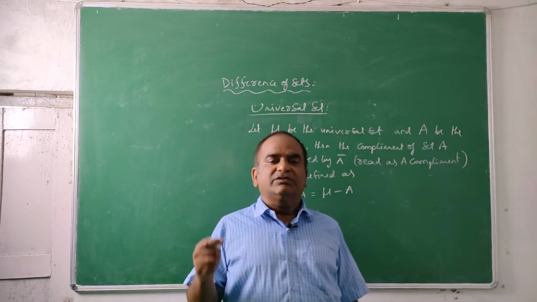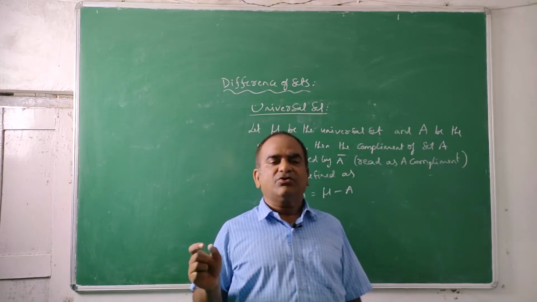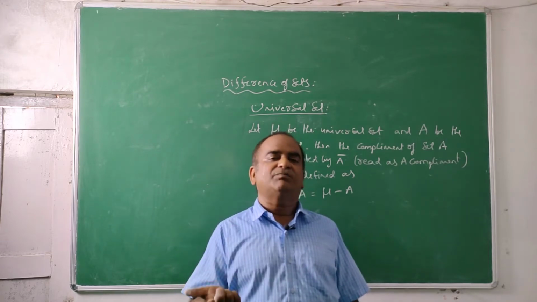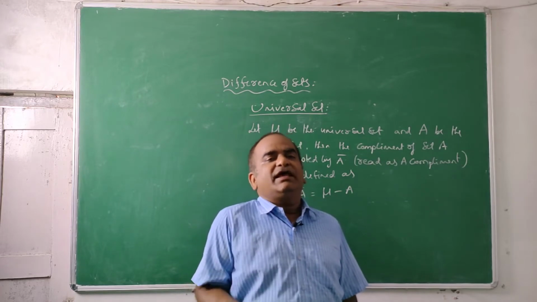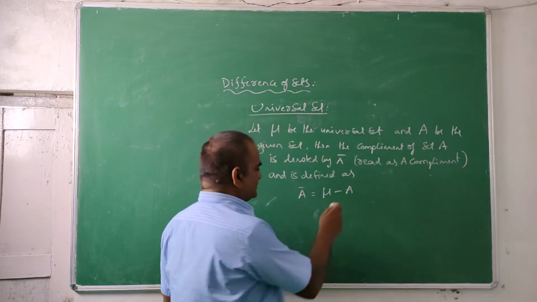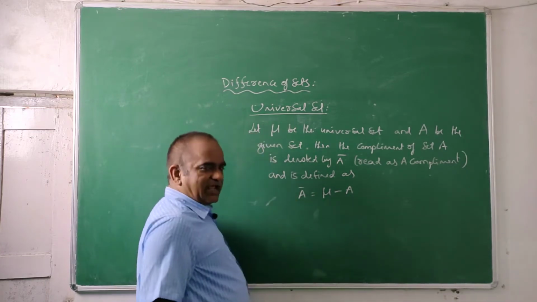Means exclusively the elements of mu. So you have to ignore the common elements of A and mu, and then you have to pick up the elements exclusively in mu, not in common. So it is called mu minus A, which is A complement. Now let us take an example.